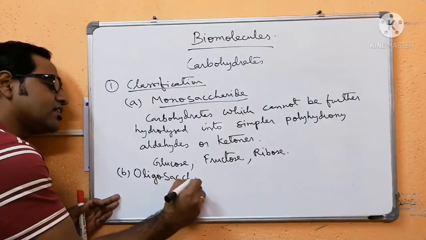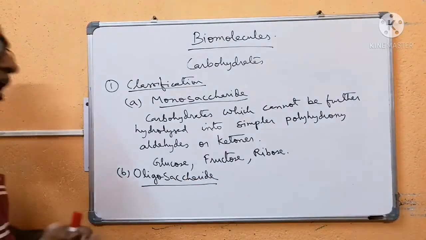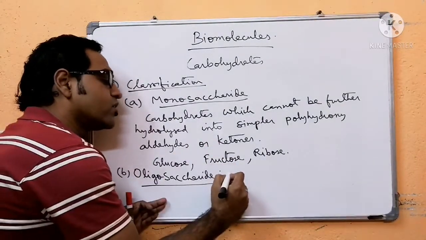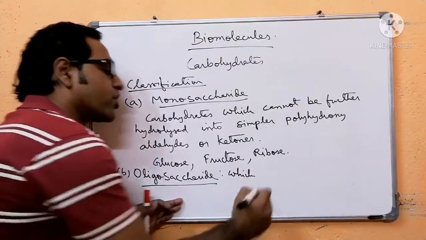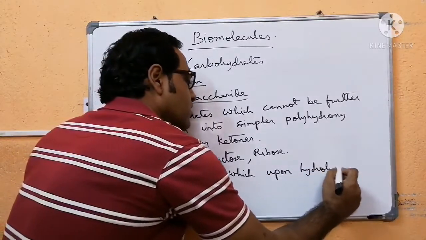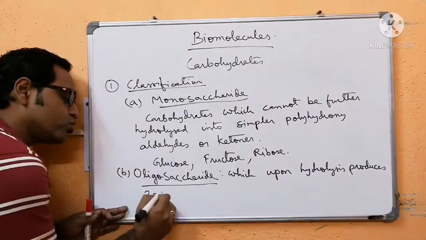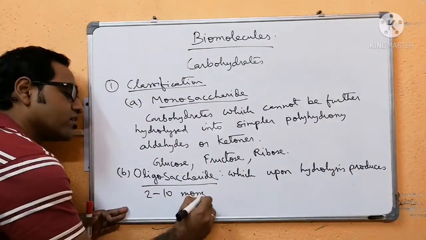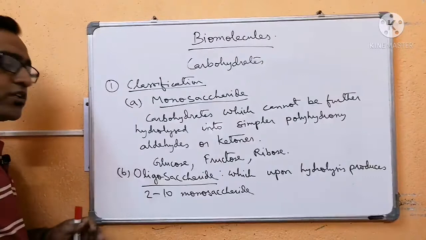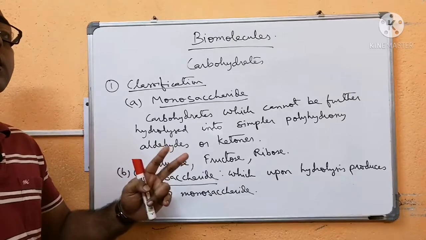Next is oligosaccharide. Carbohydrates which upon hydrolysis produce 2 to 10 monosaccharides are called oligosaccharides. For example, if a carbohydrate produces 2 monosaccharides, we call it disaccharide.